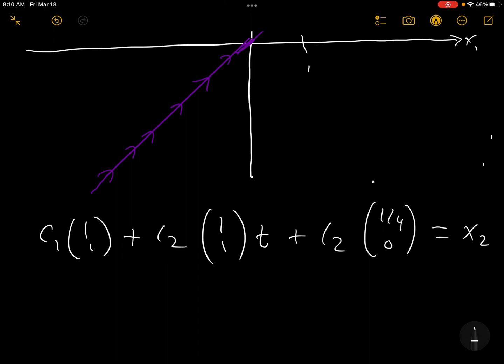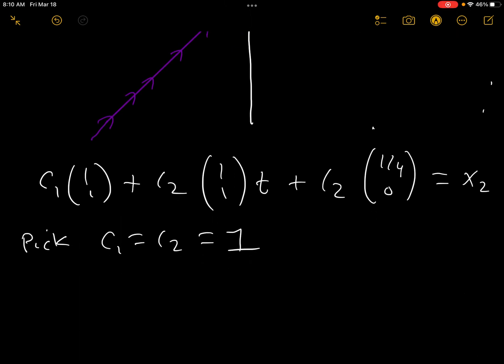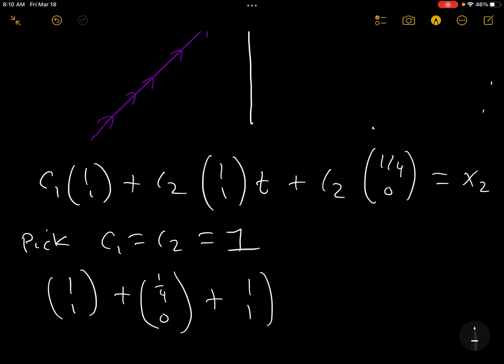So how do you do that? Here's how this goes, and I love this. Just start easy. I'm going to pick C1 equals C2 equals 1, just to get a reference point. So when I pick that, I get (1, 1) plus (1/4, 0) plus (1, 1) t. This is a line, right?